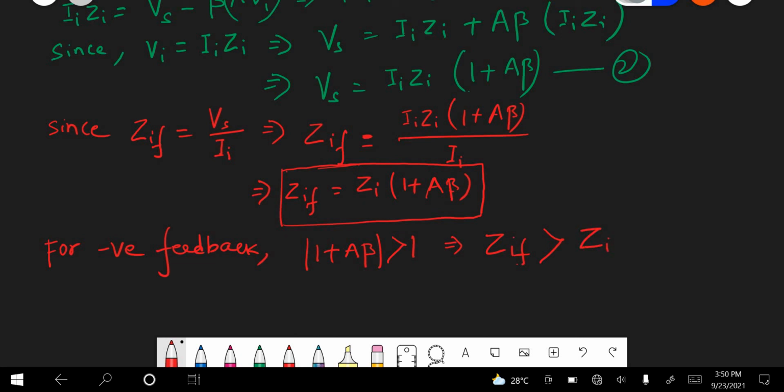That means for negative feedback, the input impedance increases with the feedback network. Case number 1, that is for negative feedback, input impedance increases.